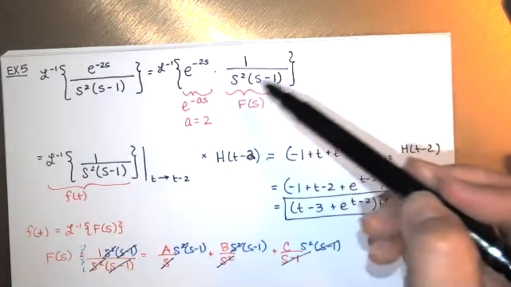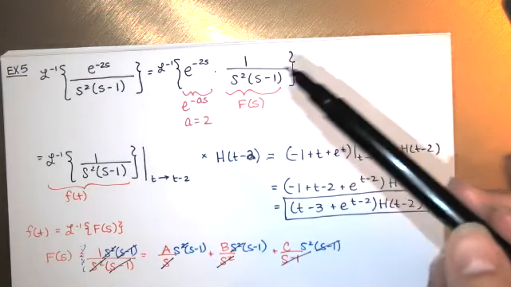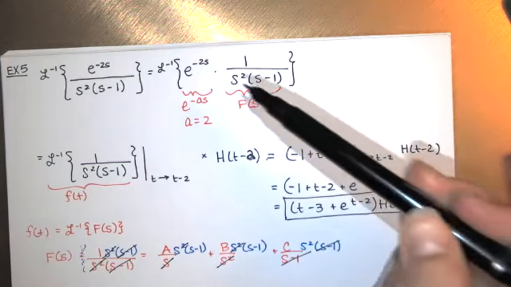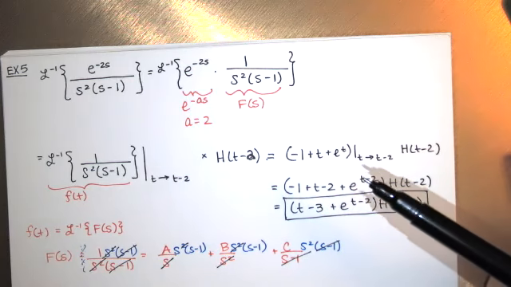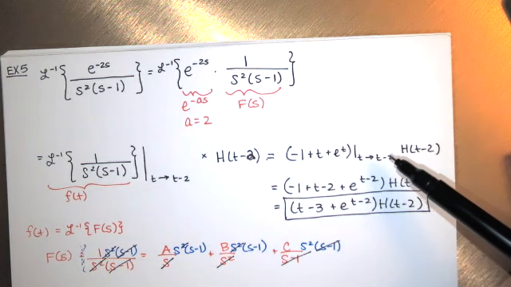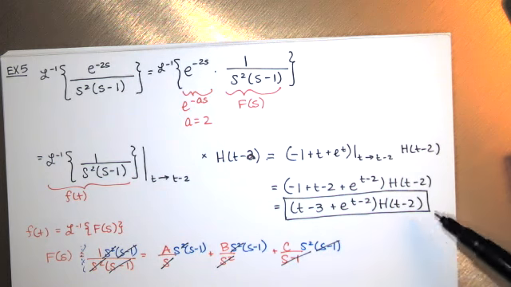Once you rewrite this using partial fraction decomposition, you can take the inverse transform like we did. Once you find f of t by computing that inverse Laplace transformation, then you will replace all the t's with t minus 2's, and you end up right here.